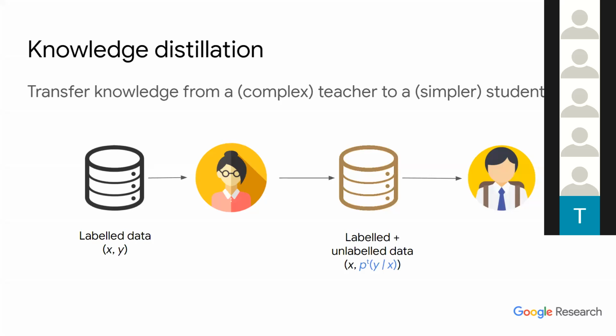So that's why we call it PT(Y|X). And then use this data to train the student, okay? So that is how we usually transfer the knowledge from the teacher to the student. Any questions? Okay, I'll just keep going.